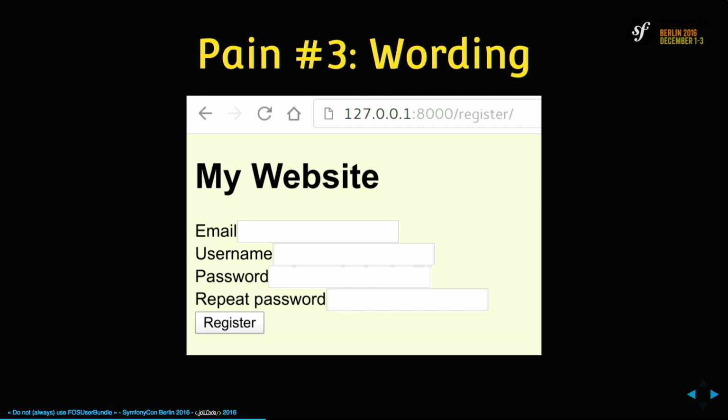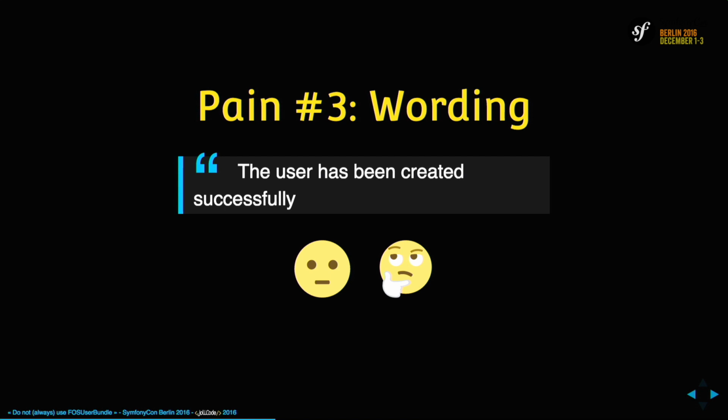So you register on the website, everything is fine. There is validation and everything. And then the message which is displayed to you is that the user has been created successfully. I'm sorry, but my product owner will not allow this on the website.